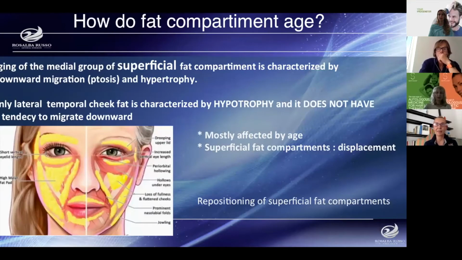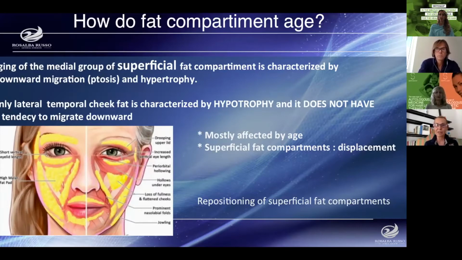But it's very important to understand how the fat compartments age. The aging of the medial group of the superficial fat compartments is characterized by downward migration, ptosis, and hypertrophy. Only the lateral temporal cheek fat compartment is characterized by hypertrophy and does not have a tendency to migrate downwards.